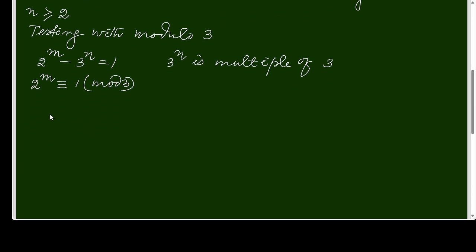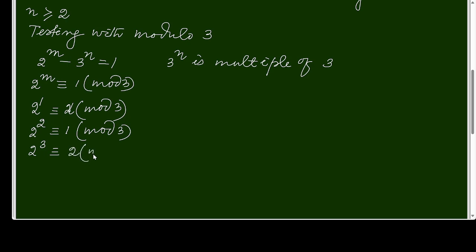Now let us see the cycle of 3. 2 power m, I am going for m equal to 1: 2 power 1 is congruent to 2 modulo 3. And 2 to the power 2 is congruent to 1 modulo 3. 2 to the power 3 is congruent to again 2 modulo 3, and 2 to the power 4 is congruent to 1 modulo 3.